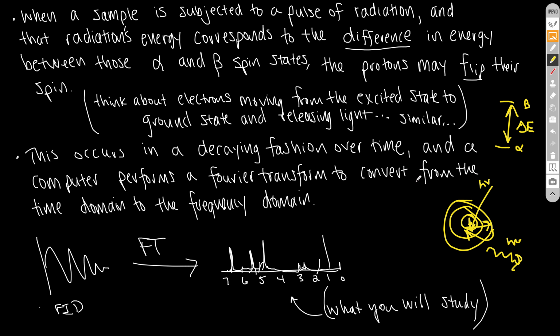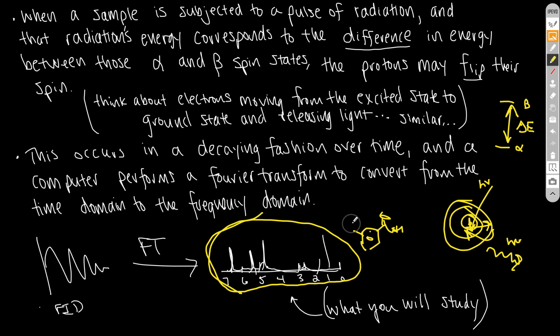It will convert that from the time domain to the frequency domain, and give you your spectra, or your spectrum. And that is what you're going to interpret to figure out the molecule you have. Wonderful, great. That's how chemists figure out what molecules they have.